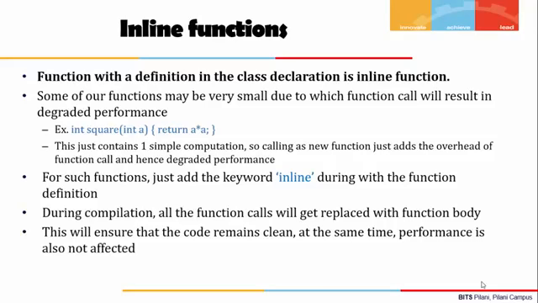Any function with a definition in the class declaration automatically becomes an inline function. Just add the keyword inline with the function definition. The inline function is written like a normal function in the source file but compiles into inline code instead of into a function.